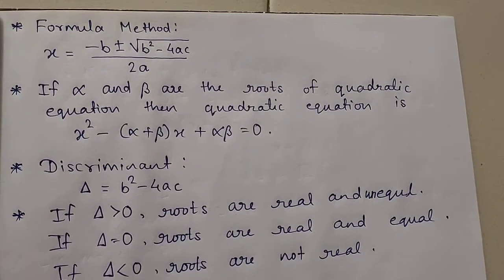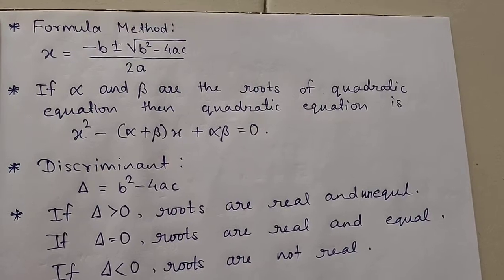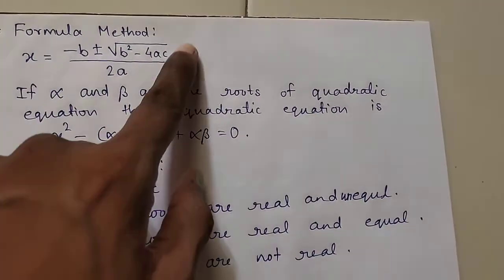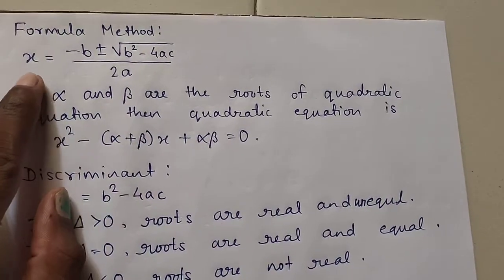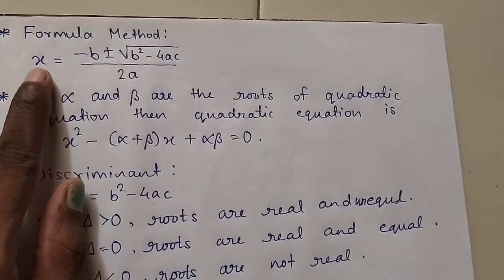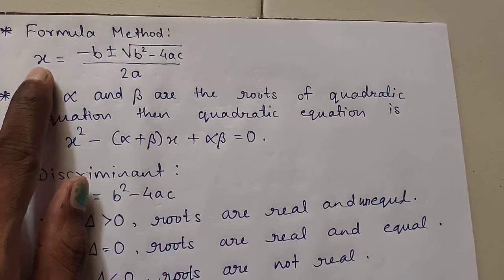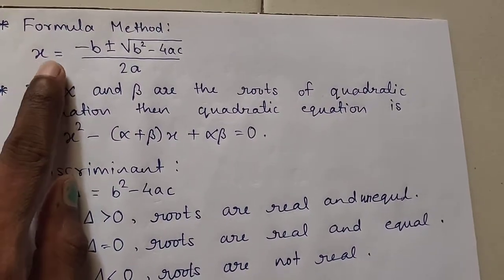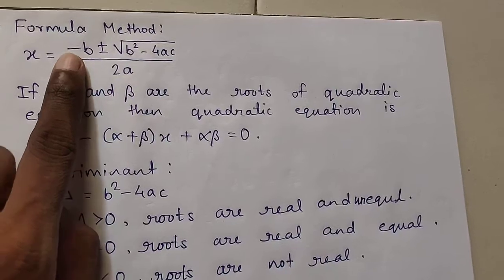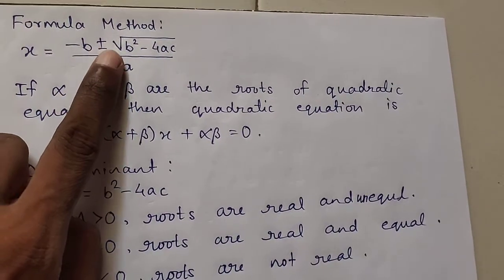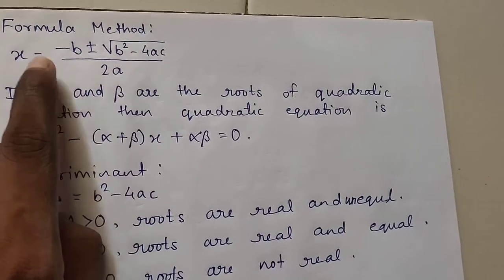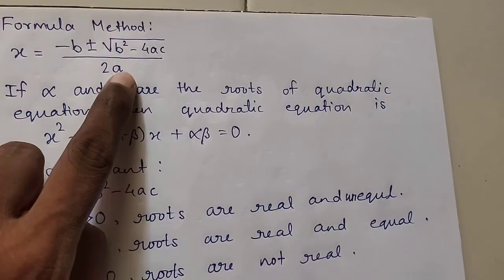Whenever you are solving your quadratic equation by using the formula, you have to use this formula. If your variable is x, then the value of x is given by x is equal to minus b plus or minus under root b square minus 4ac, the whole divided by 2a.